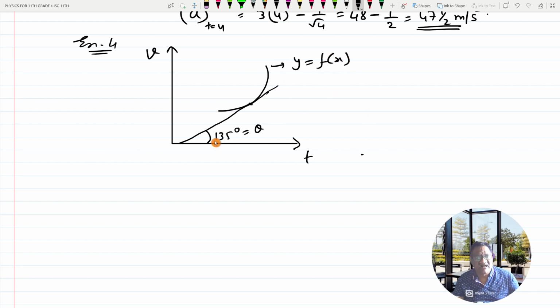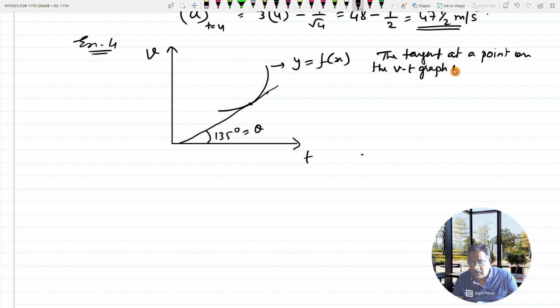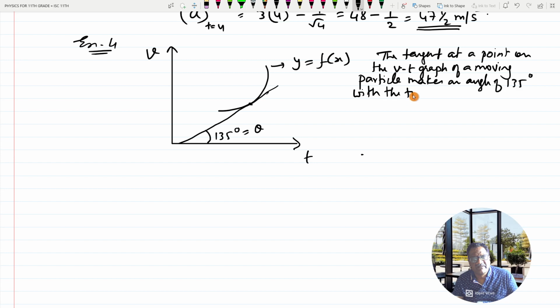Okay. Can I write the question first for you? I'll write the question so that you'll understand. The tangent at a point on the velocity time graph, vt graph, of a moving particle makes an angle of 135 degree with the time axis. Okay.